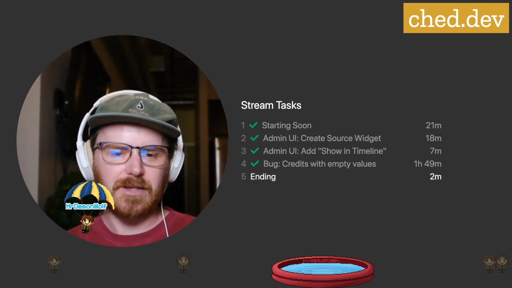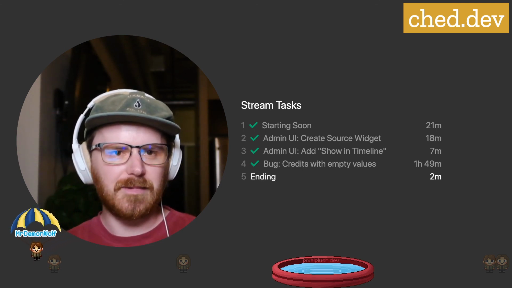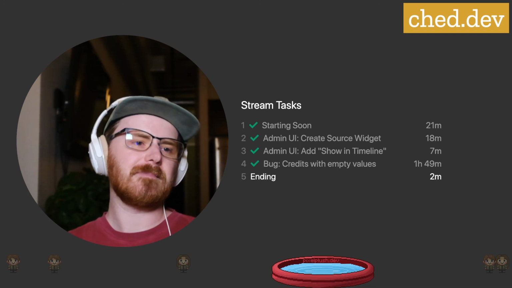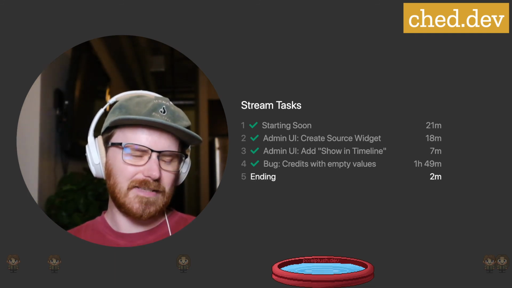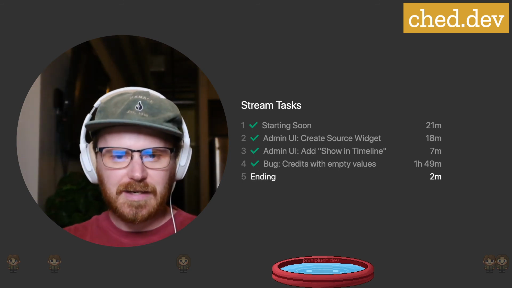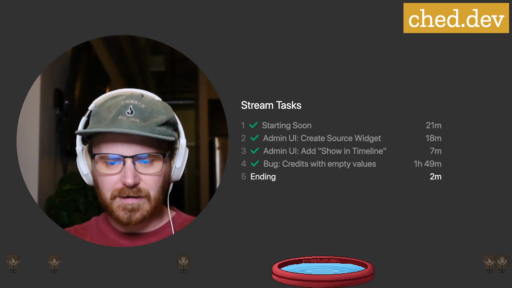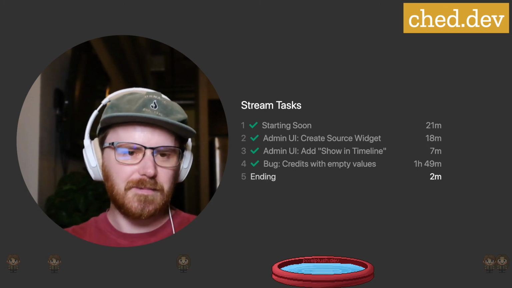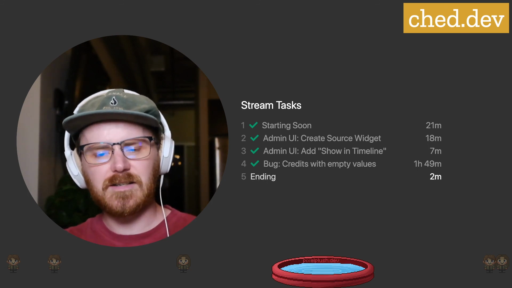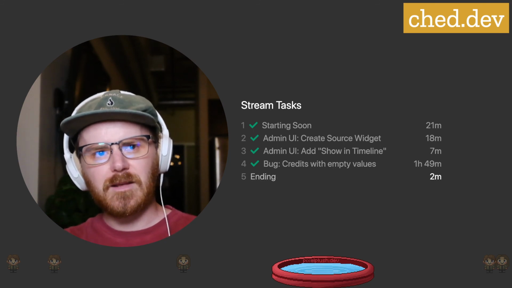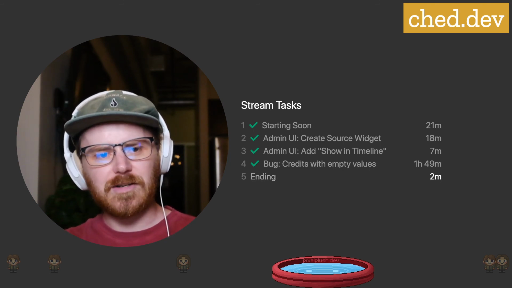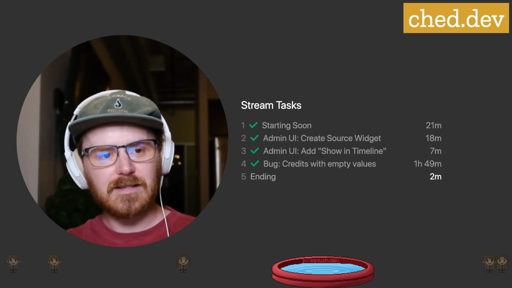And then the bug with the credits, the empty values, that was a big problem. Big problem, but we finished it off. We got it done. There's still some more refactoring that I could do there, I'm sure. So the next thing that I'll probably want to work on is, well, I've got other things. I don't know what the next stream will be, but I'm going to be working on getting some content in there too, and maybe some more changes to the credit widget, but I'll be back on Tuesday for that one.